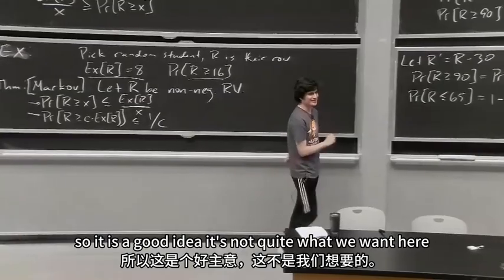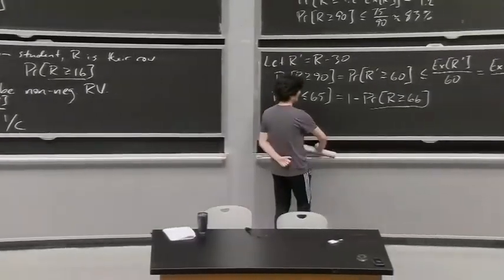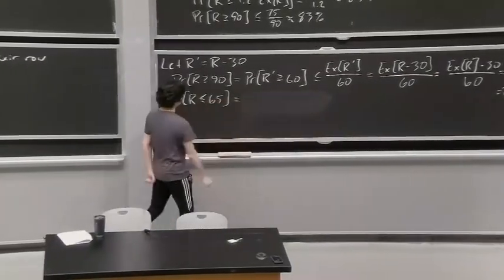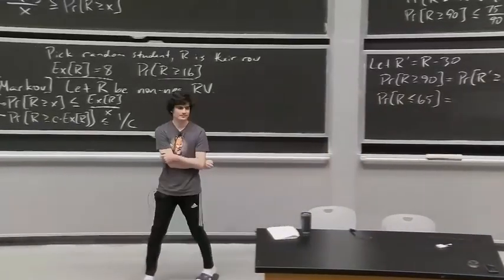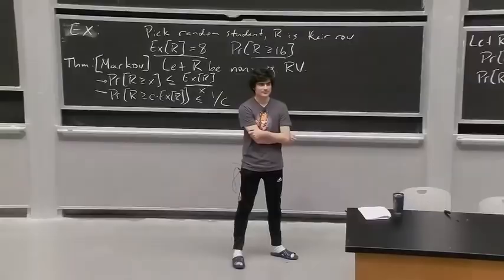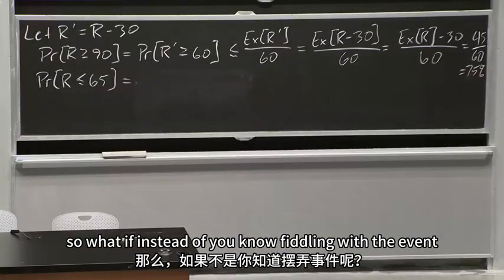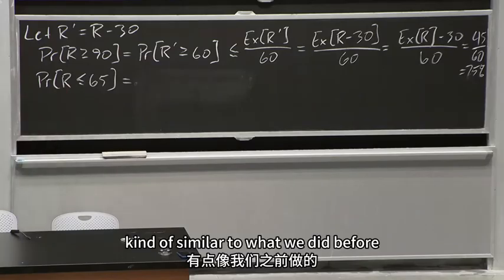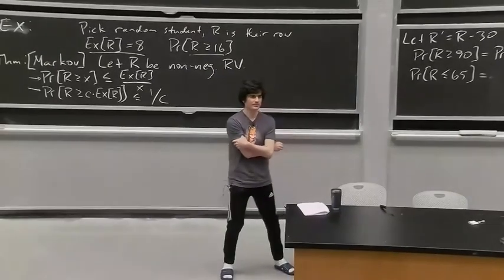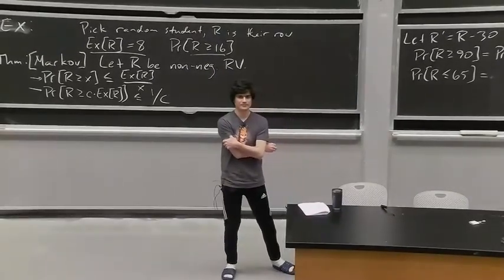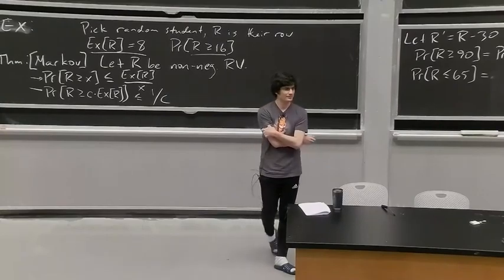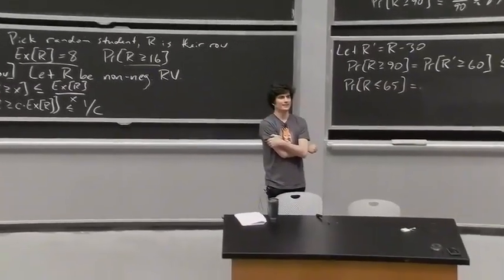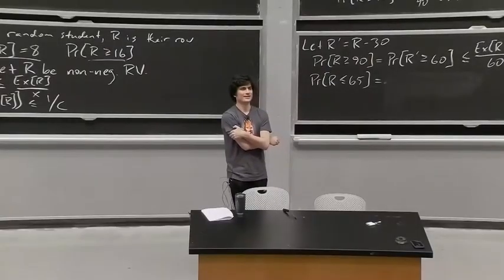So it is a good idea, it's just not quite what we want here. So what if, instead of fiddling with the event, we fiddle with R again, kind of similar to what we did before? Yeah, exactly.